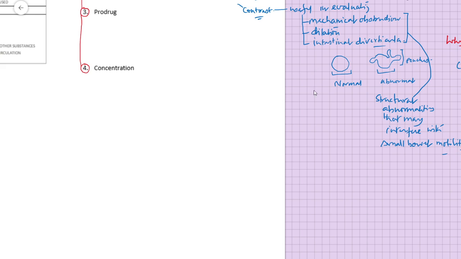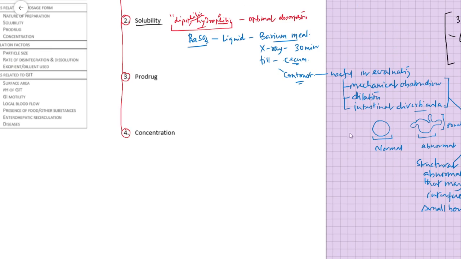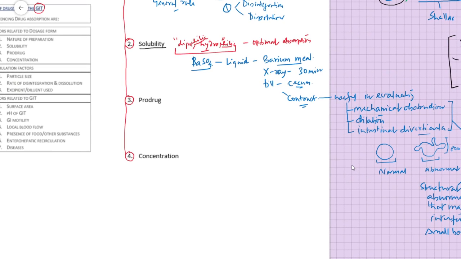Okay. So if a patient is complaining of lack of bowel movement or a pain in the gastrointestinal tract and maybe bloating, then they would be asked to fast, and they would be administered barium meal and X-ray.